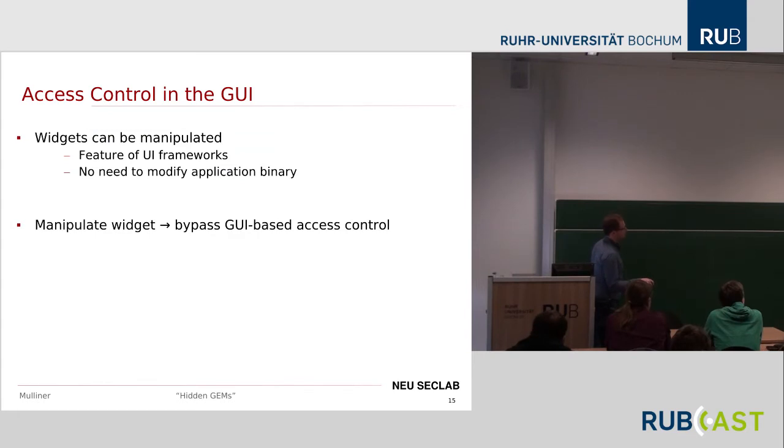So if we can manipulate widgets, since it's a really basic feature in a UI framework, we can basically have access control bypass. Every time we can manipulate a widget, we can maybe bypass some access control.